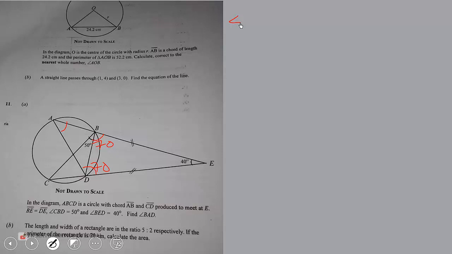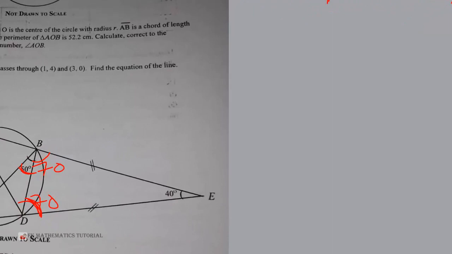Now angle BCD. Angle BCD plus 50 degrees should be equal to 70 degrees, because the external angle theorem applies here. This angle is equal to the sum of the opposite remote angles of the triangle BCD.